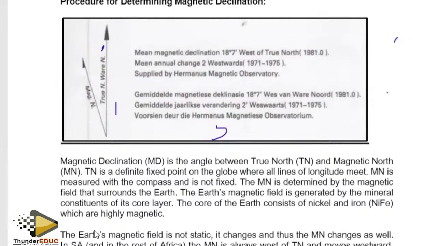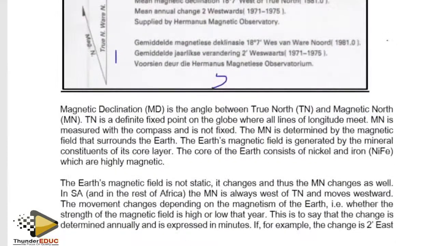Okay, so in South Africa and in the rest of Africa, the magnetic north is always west of the true north, and it moves westwards in South Africa and the rest of Africa. The movement changes depending on the magnetism of the earth, whether the strength of the magnetic field is high or low that year.